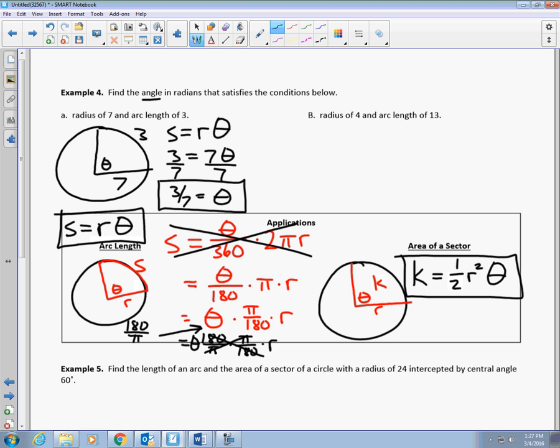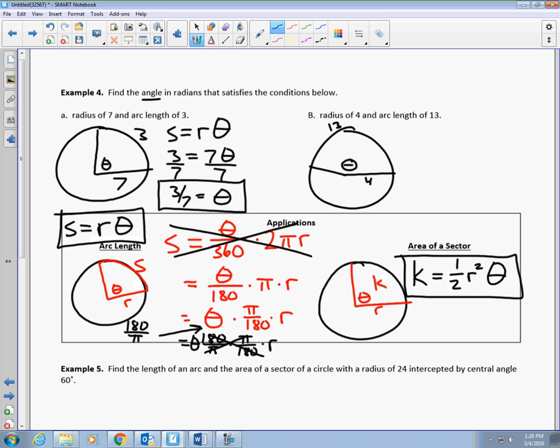So look at this. Radius of 4, arc length of 13. So I'll try to draw this one more to scale, all right? If I have an arc length of 13, do I have more than 1 radius wrapped around?